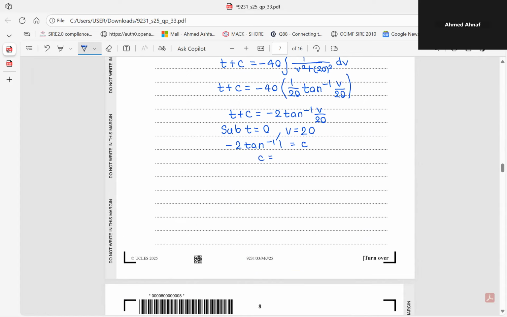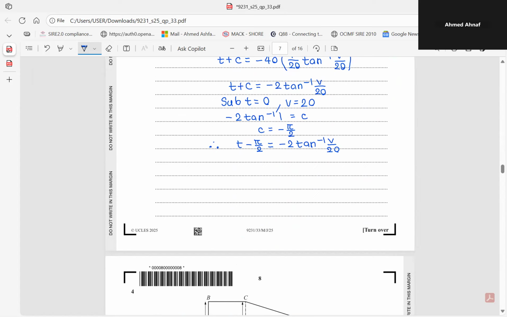It's better for us to express this in terms of radians. So that is minus 2 times pi over 4, you get minus pi over 2. Hence, we'll get t minus pi over 2 equals minus 2 tangent inverse v over 20.